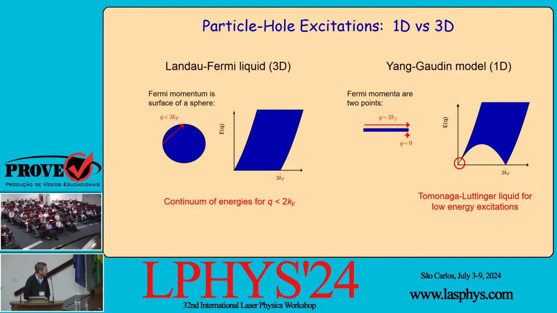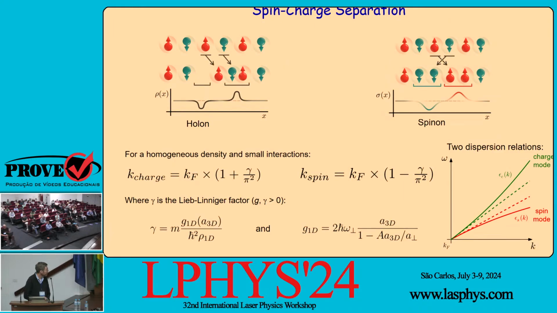So this is a Fermi point, this is a Fermi point, where q is equal to 0. And in this case, the Luttinger liquid for low-energy excitations has a very limited number of options in scattering and excitation. So the dispersion relation has this very sharp cusp that is very different from the 3D case. So this really describes the differences between 1D and 3D.